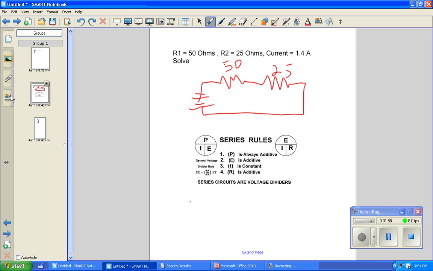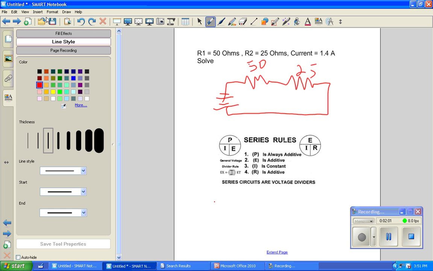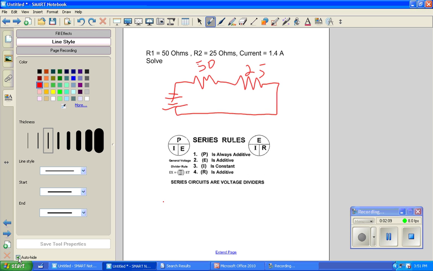Oh, here we go. I think that's it. I want that. No, how do I get rid of that? Auto hide. It says auto hide, but it's not hiding. Oh well. Anyway, I hope I can get back to typing somehow, but I'm not sure how to do that.